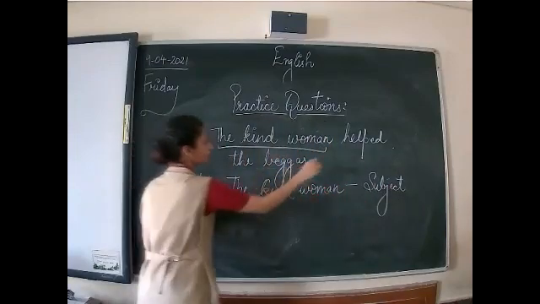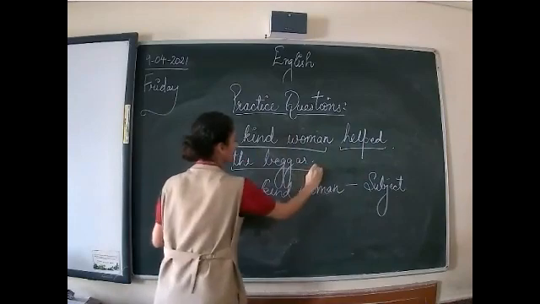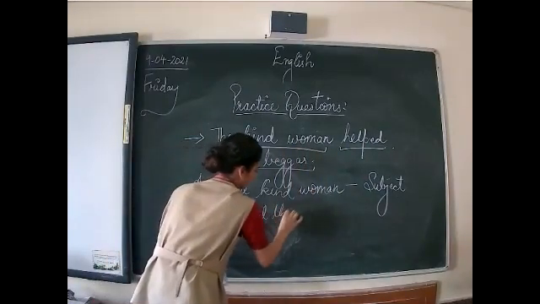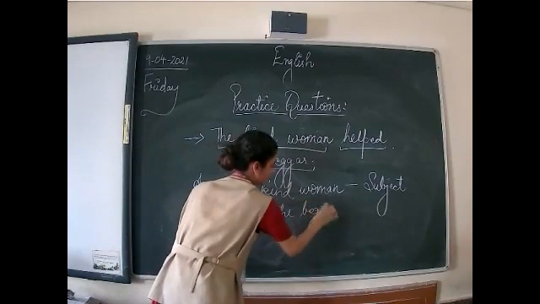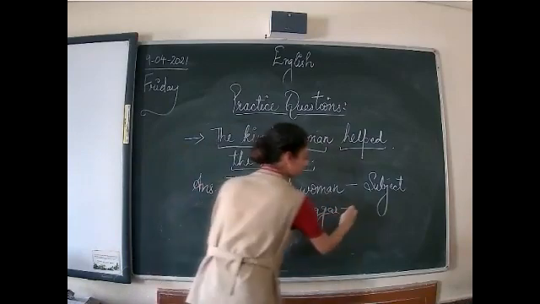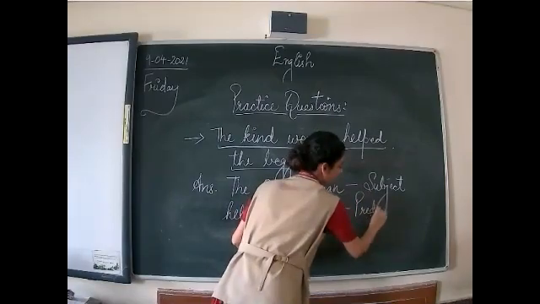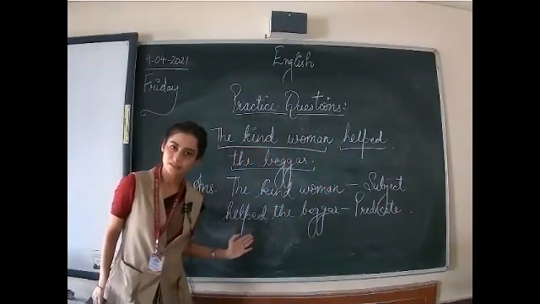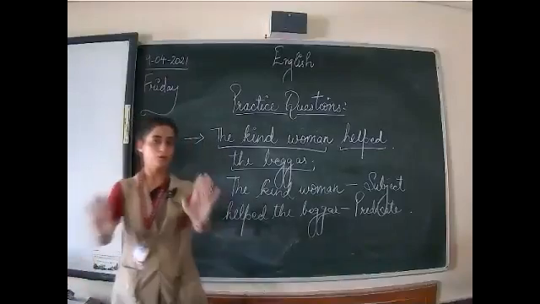Okay. And the rest of the part, that is helped the beggar, is your predicate. Easy. Okay. This is how you have to do.